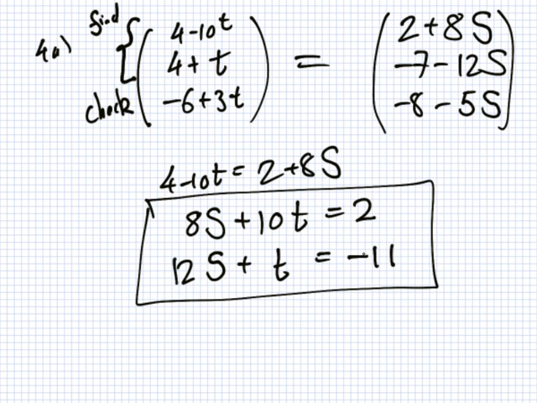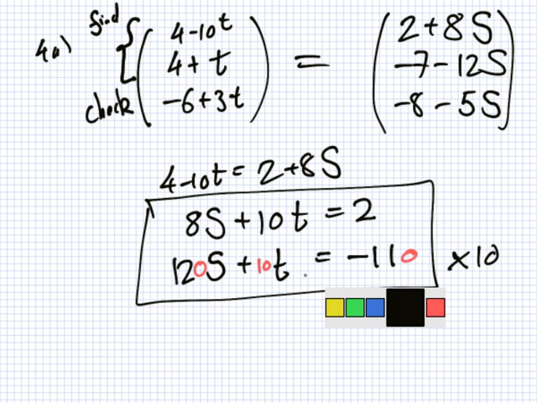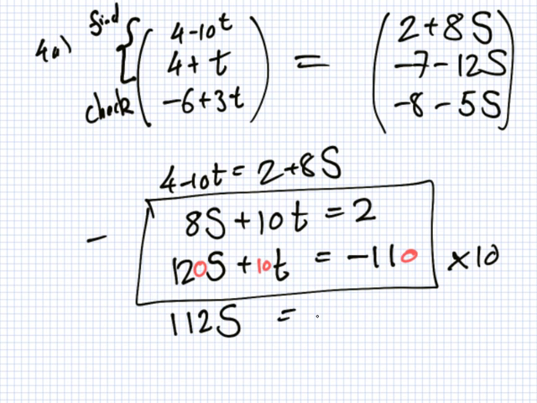What will I do? If I want to multiply by 10, I could divide this by 2, but I'll just multiply by 10. So that's 120, 10 and 110. If I subtract, that's 112s equals minus 112. So nice.